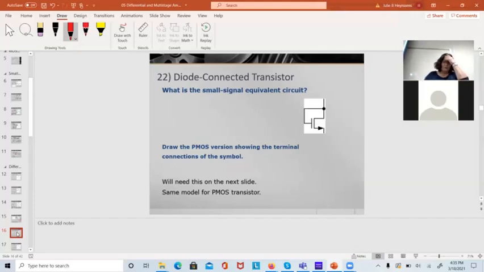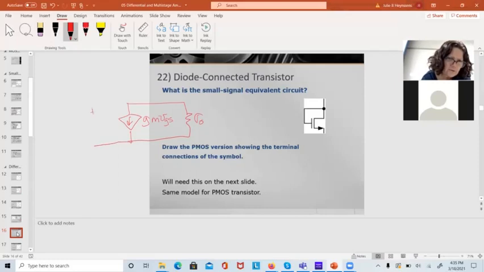Okay, we want to look at this. This is the diode connected transistor. What is the small signal equivalent circuit? Well, the small signal equivalent circuit always looks like this. We're going to put this in. I've got GM VGS. I've got some RO, little RO.